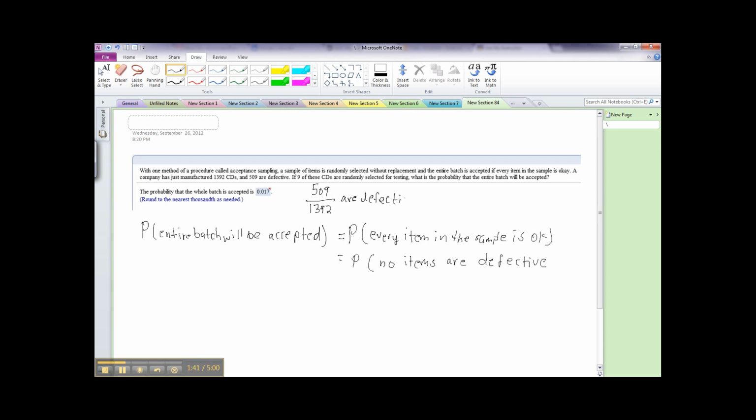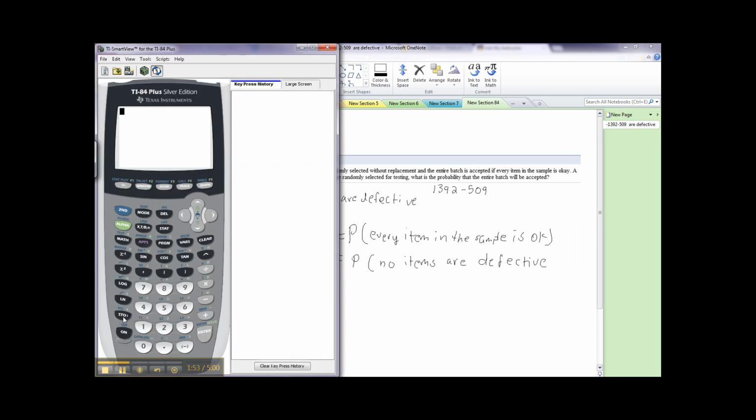So now that means that 1,392 minus 509. Alright, so if you don't know what that is, get out your calculator. So we have 1,392 minus 509, and that is, let's go back and hit enter.